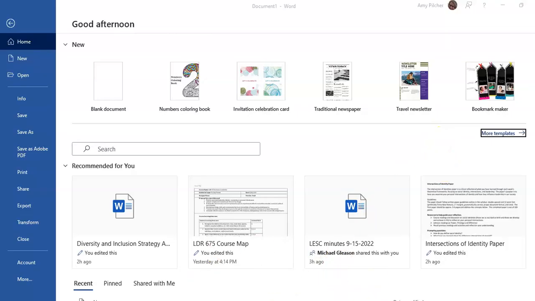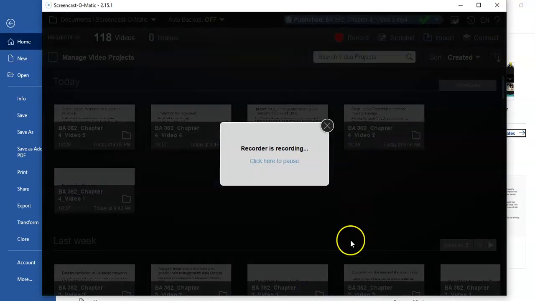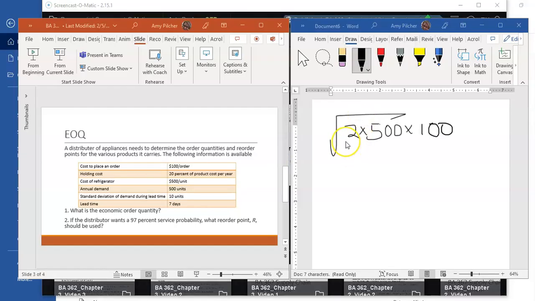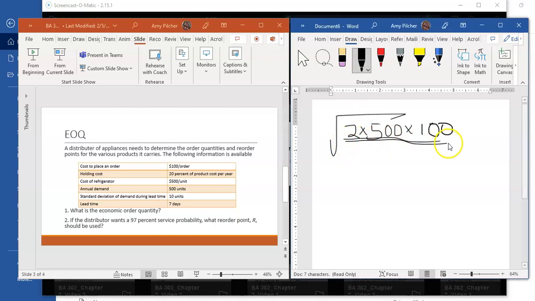Divided by the carrying cost. So 20%, 0.20 times the cost of a refrigerator.